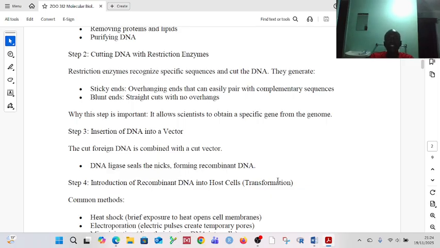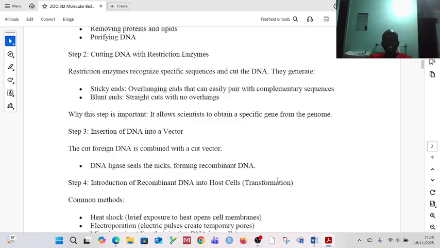Once you've cut and obtained your gene of interest, then the other thing that you want is now to put this gene into a mode of transport. Because you cannot insert the gene into the host by yourself. You need something to help you to insert that gene. So it's at this point that you now find what we call a vector to be very useful. Okay?